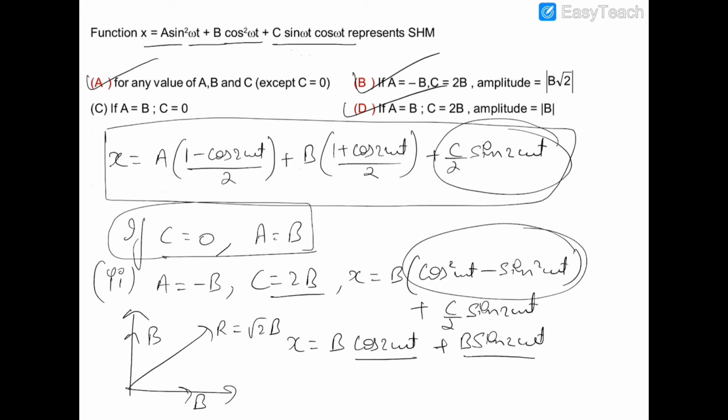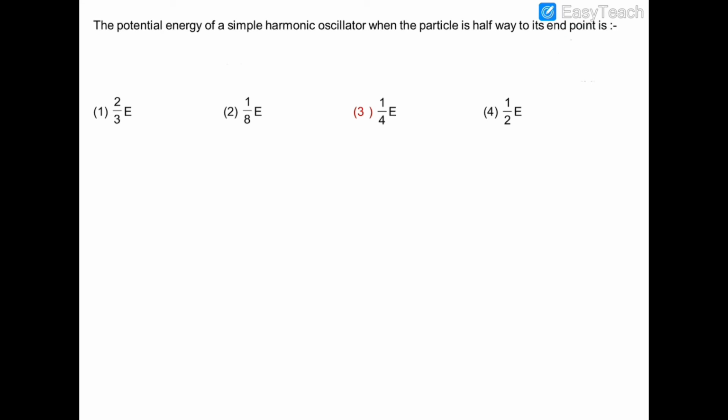Now let's move on to the next question. In this question, we have to find out the potential energy of a simple harmonic oscillator when the particle is situated at a distance of a by 2 from the mean position.